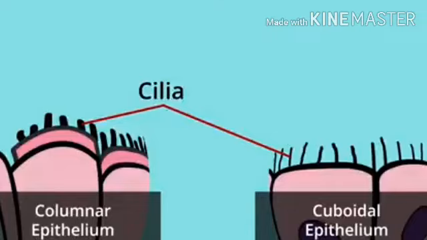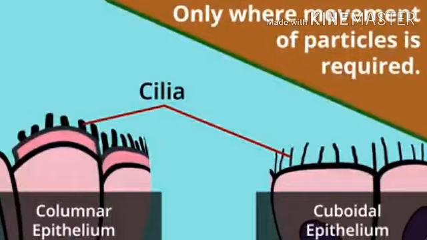Ciliated epithelium is a columnar or cuboidal epithelium where the cells bear cilia on their free surface. Children, you can see the outer surface is bearing small thread-like structures which are called cilia. Ciliated cuboidal epithelium occurs in sperm ducts and uriniferous tubules.